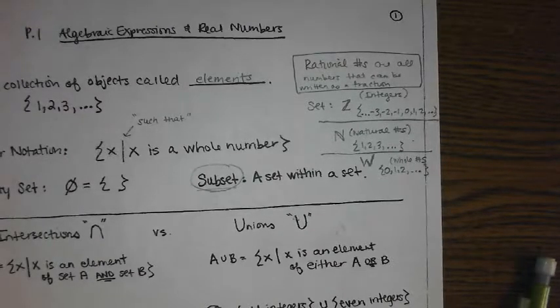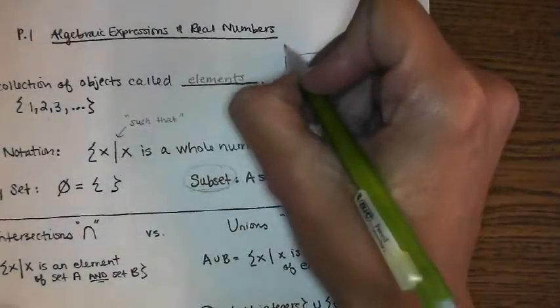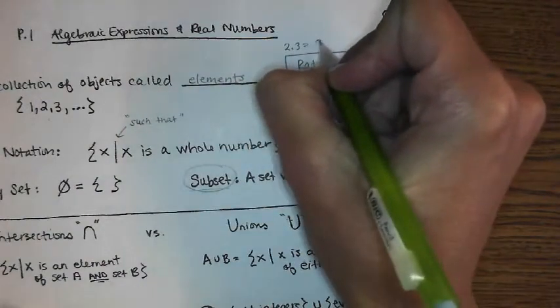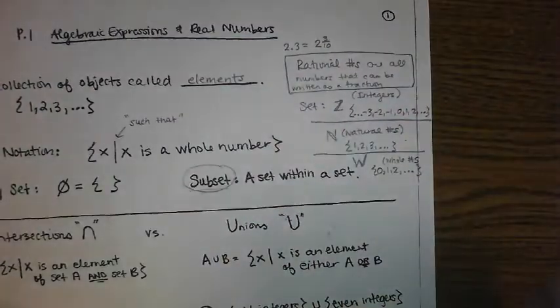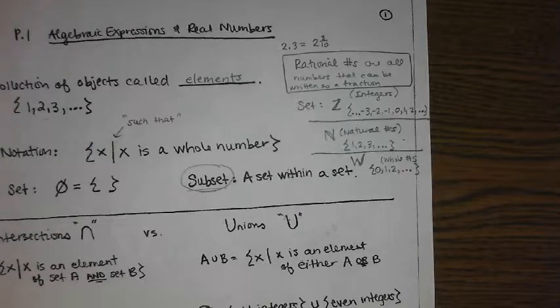So what can be written as a fraction? Can 5 be written as a fraction? Yes, how so? 5 over 1. Can 2.3 be written as a fraction? Yes? What would 2.3 be? 2 3/10, and obviously if it's a mixed fraction, then we could change it into an improper fraction.